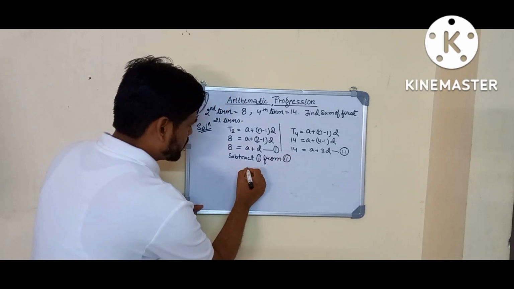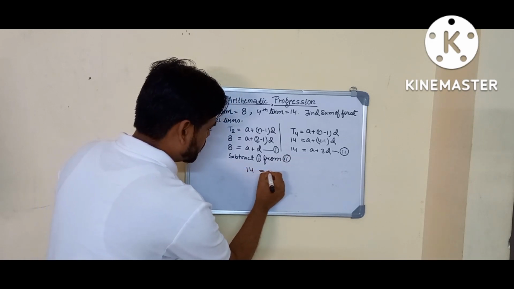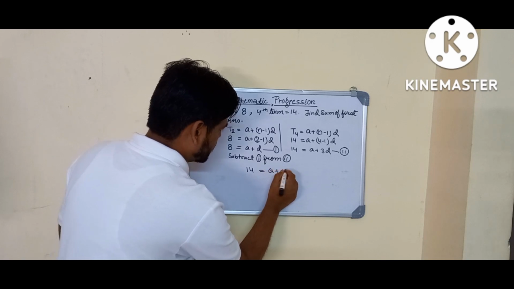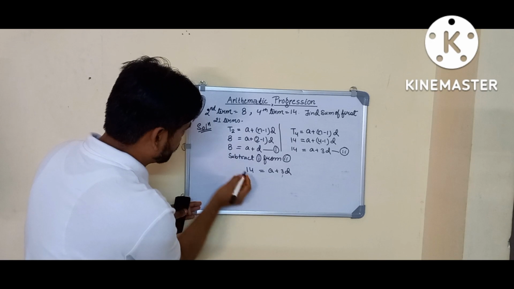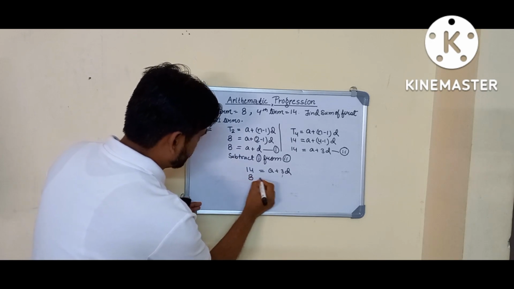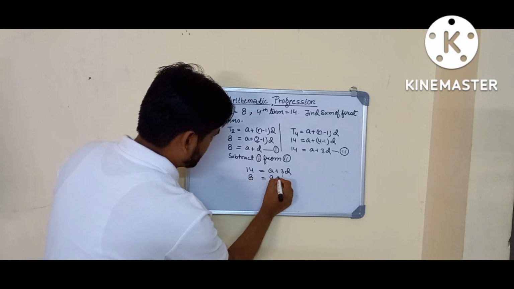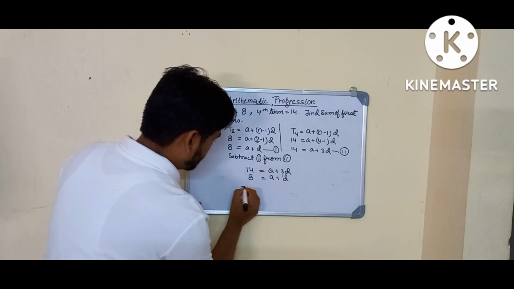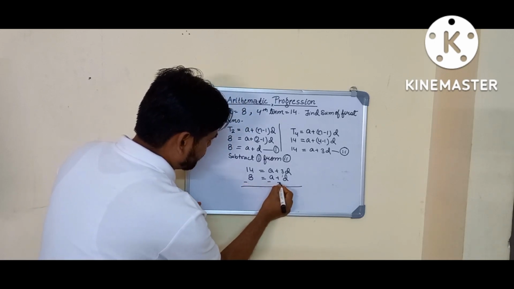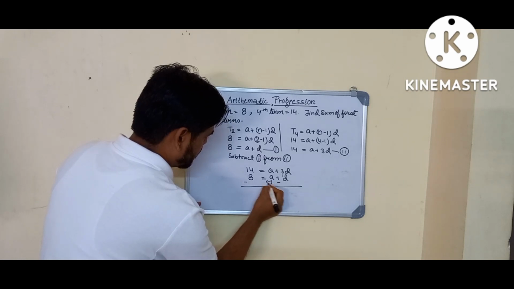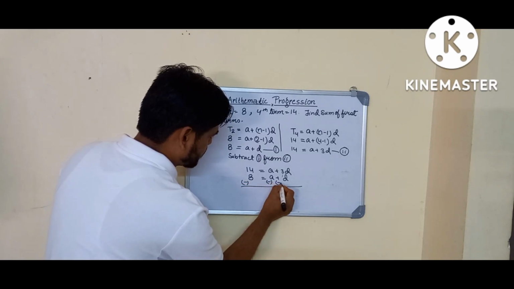So this equation becomes 14 is equal to a plus 3d, and then I will write down the first equation just below it, 8 equals a plus d, and on subtracting, the sign of the second value changes.